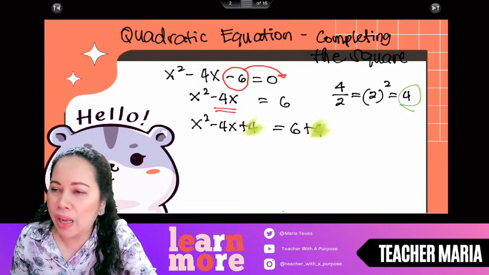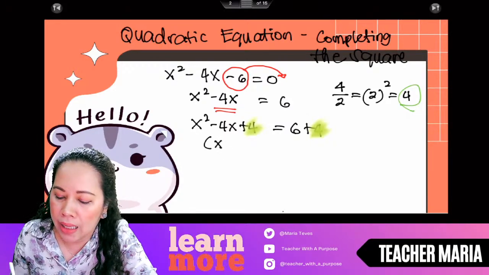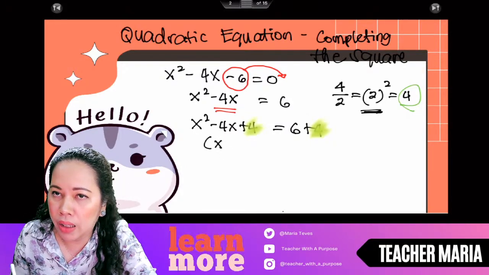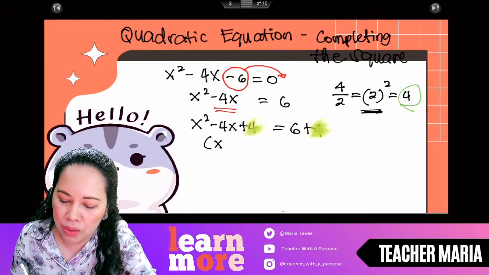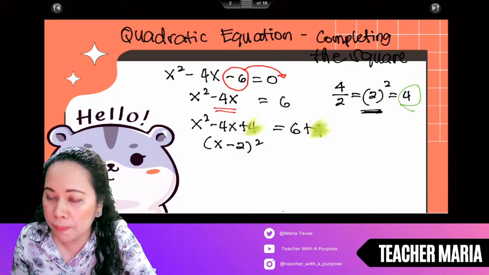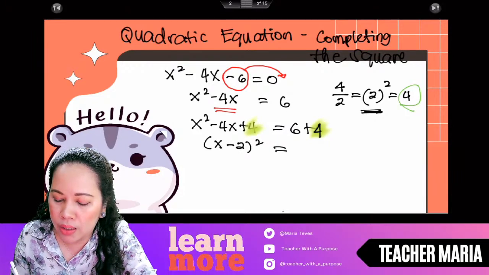Once you have added, then you just need to factor. You place x, and since the middle term is negative, it will be x minus 2 squared equals 6 plus 4, which is 10.